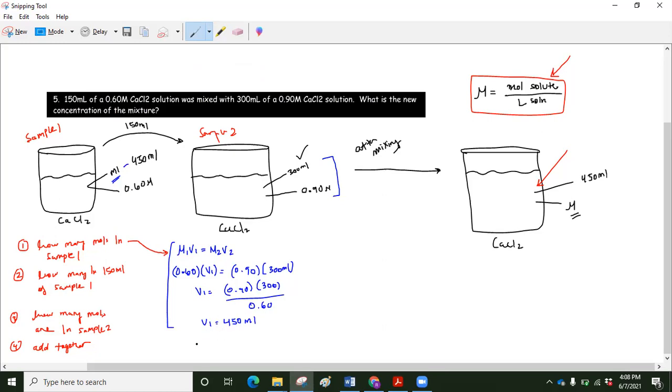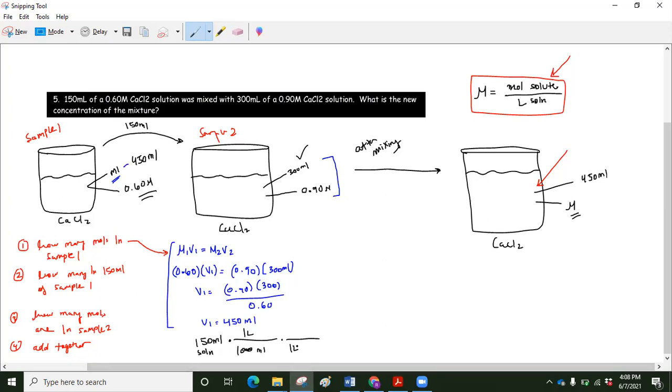So if we were to then take 150 milliliters of the solution, this is sort of a conversion factor. We have 150 milliliters of the solution, and we want to find out how many moles there are in 150. So we'll convert this first to liters, although it really doesn't matter, but that's the conventional way to go about it in order to use your molarity.